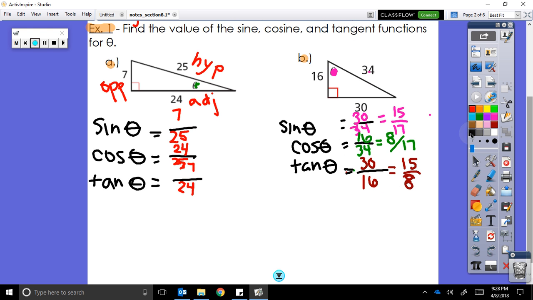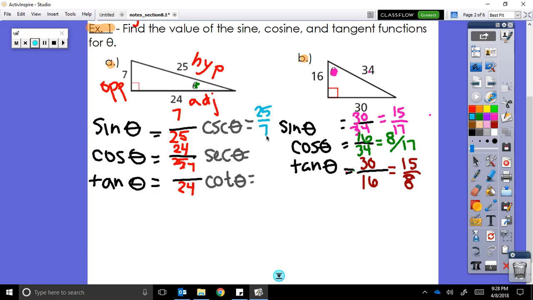I'm going to get us some more space down here. We want to write those 3 remaining trig functions. Sine matches with cosecant, so CSC theta. Cosine matches with secant, SEC theta. And tangent matches with cotangent, COT theta. Now, literally, all you're going to do is flip the fraction over. Instead of it being 7 over 25, it's now 25 over 7.